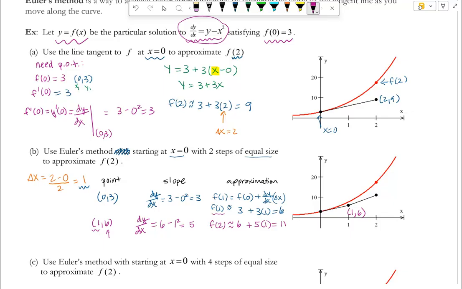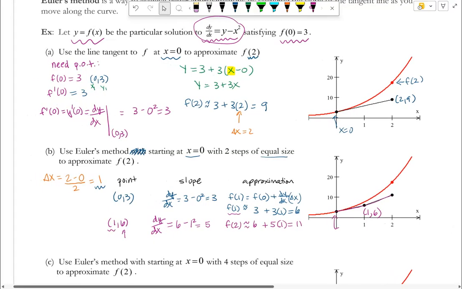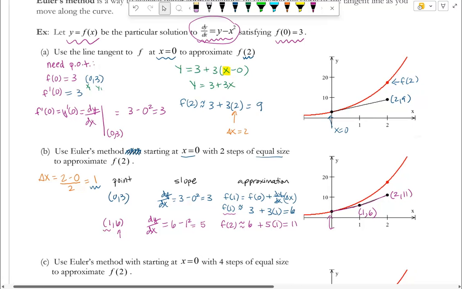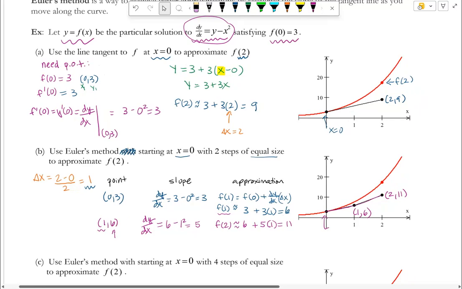So instead of making one linear approximation using a tangent line at one particular value, we're starting with a line that's tangent to our curve, but we're making two linear approximations on a smaller curve. And we end up getting this ordered pair (2, 11). So we can see that it's still not great. (2, 9) wasn't great. (2, 11) is a little bit better.